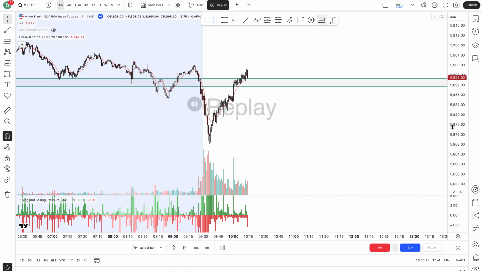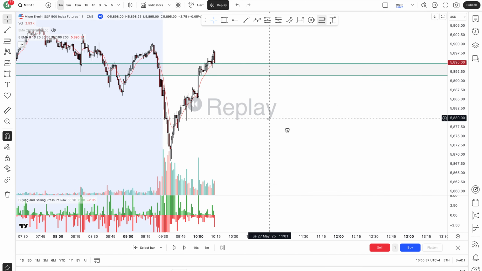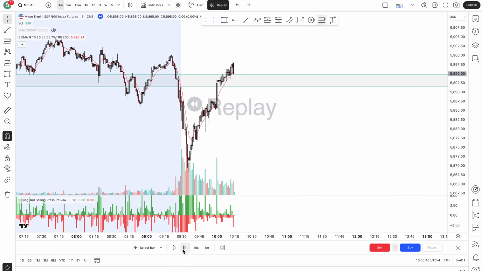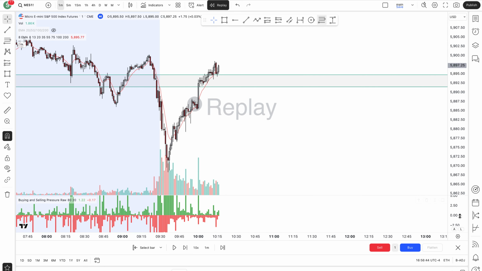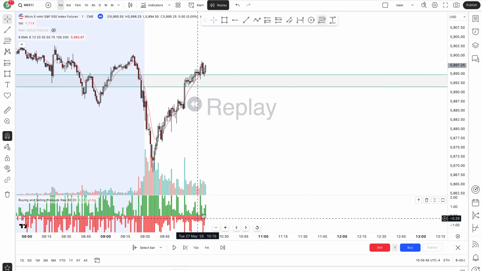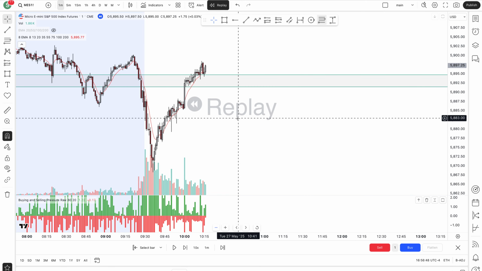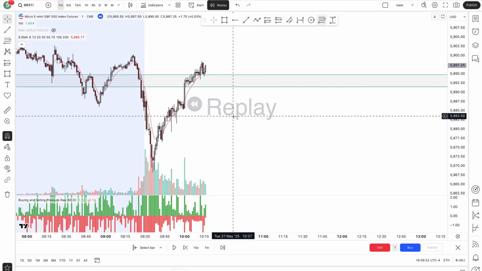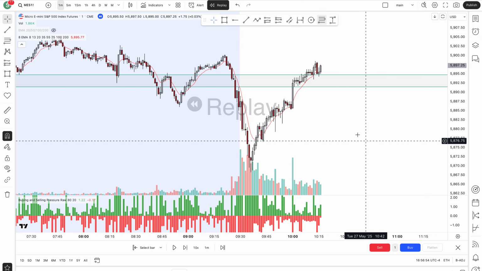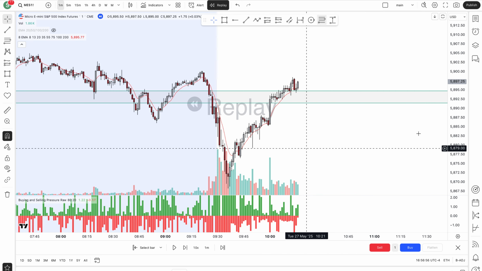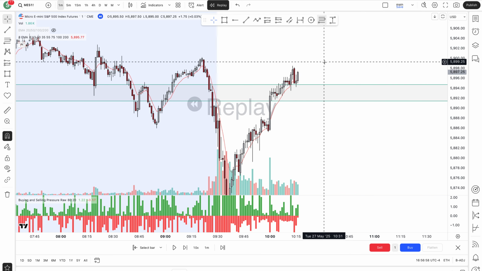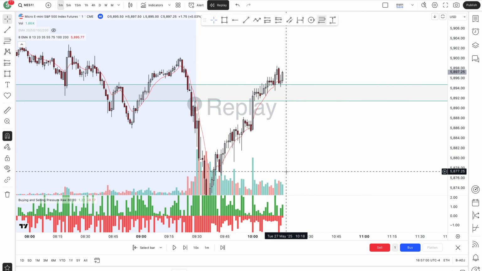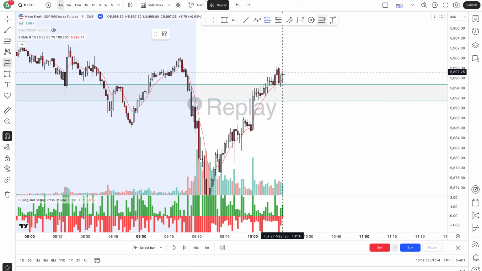And on the 1 minute, you see we already kind of had that little retest right here, but I'm waiting for a second rejection. Okay, and with that rejection, we get a little increase in buying volume, and we bounce, and then we hold. We bounce off the 8 EMA, and again we hold the zone and we hold the 8 EMA, and we get a nice rejection candle with a close, and then some increasing buying volume.